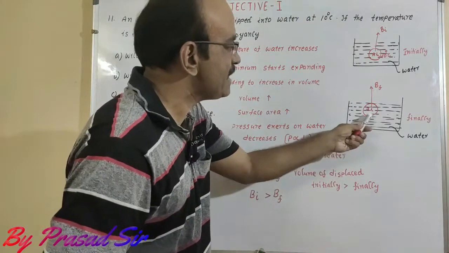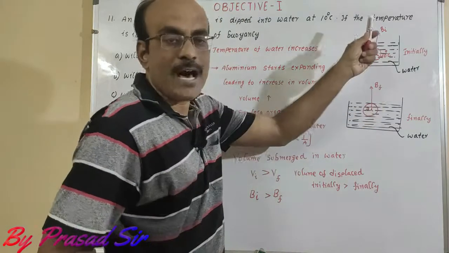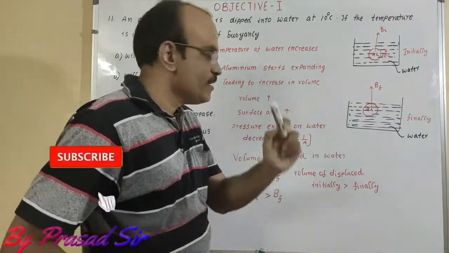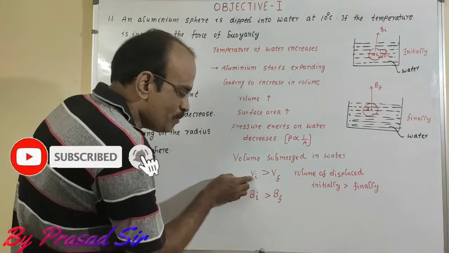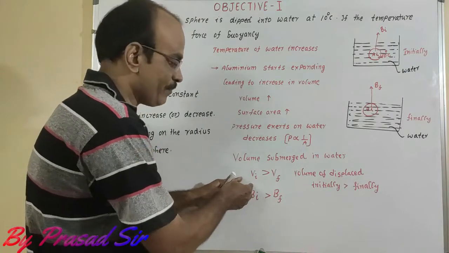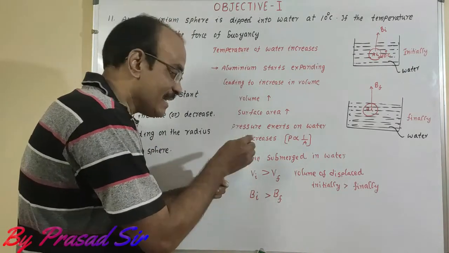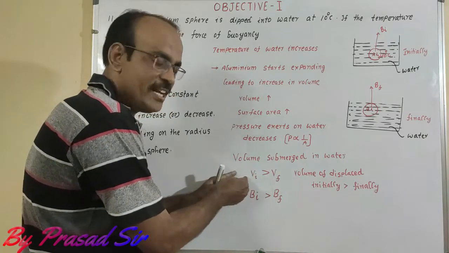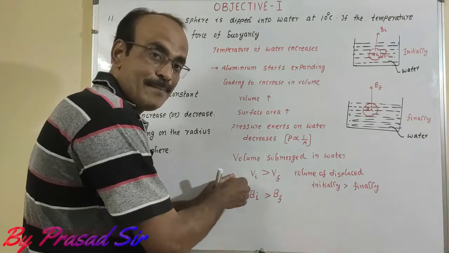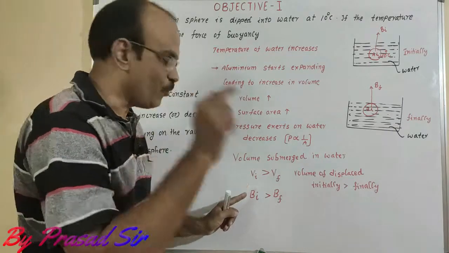So in this case I wrote it like this. The buoyant force exerted in the upward direction is BF, the buoyant force final. Volume initial is greater than volume final. That is, the volume of the sphere immersed in the water initially is greater than the volume of the aluminum sphere immersed finally, after increasing the temperature of the water.